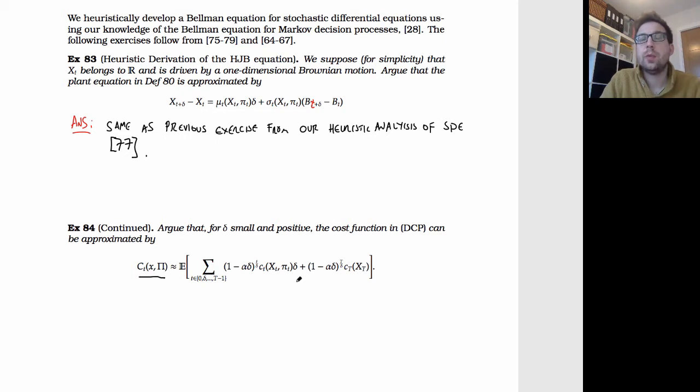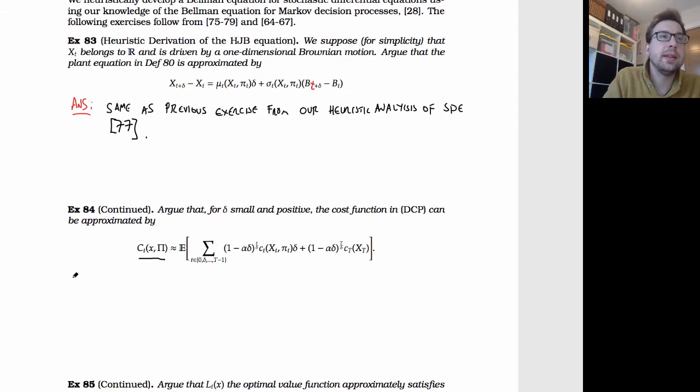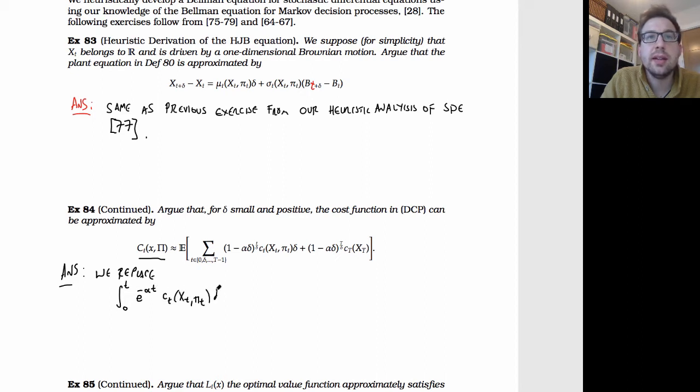Notice that we've replaced the integral from 0 to t of e^(-alpha t) c_t(x_t, pi_t) dt plus e^(-alpha t) C_t(x_t) by this.